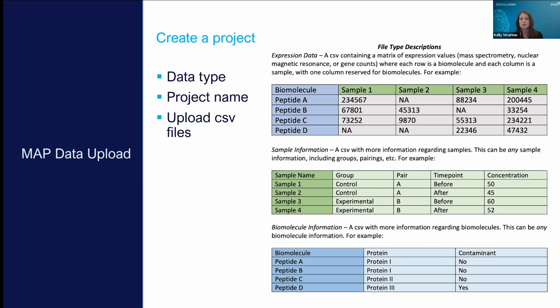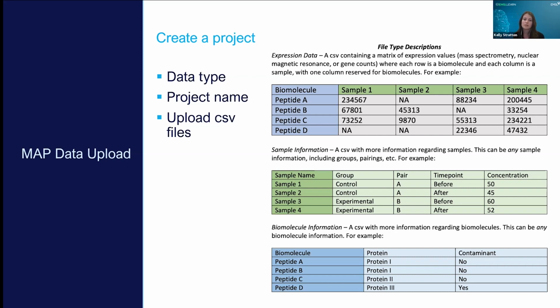data analysis. This third file, the biomolecule information, is optional. Although depending on the type of data that you're working with, you might always utilize this file. So here in our example with proteomics data, we have our peptide column, which matches that in the expression data file at the top.